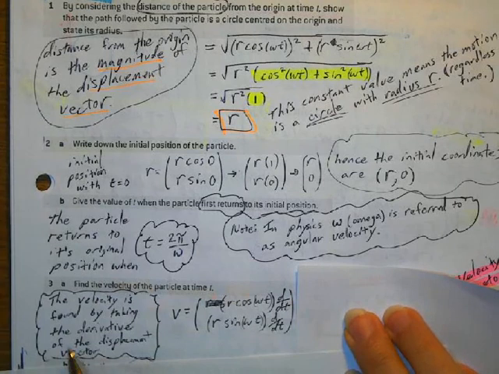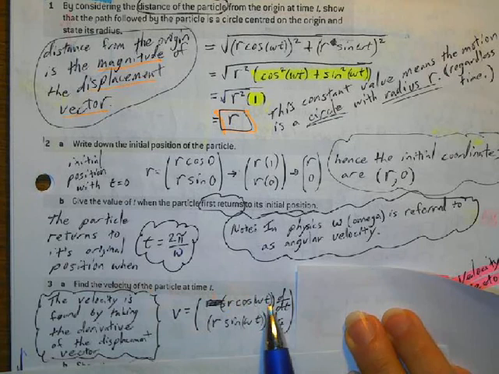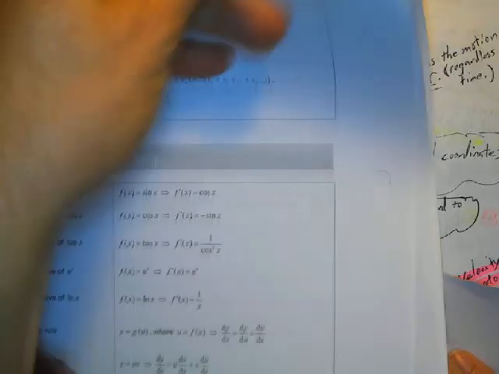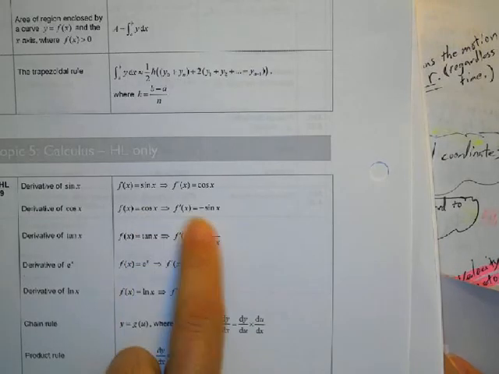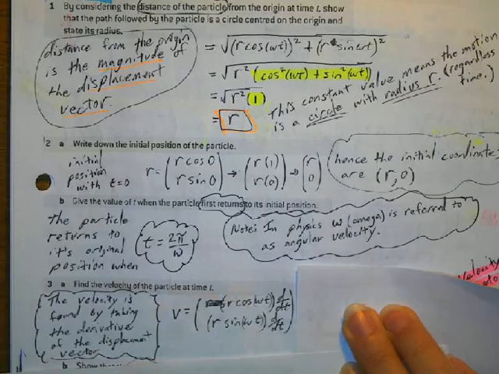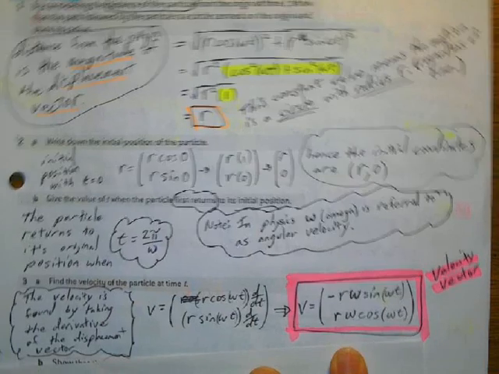The derivative of the displacement vector gives me, okay, so we have r cosine omega t, d/dt. So we've set it up for the derivative, and the derivative of cosine is negative sine, and the derivative of sine is cosine. So I plug those in, and here is my velocity vector.